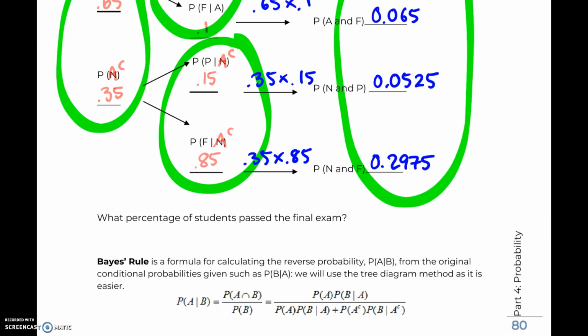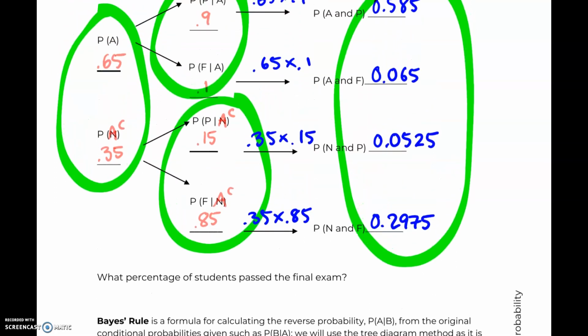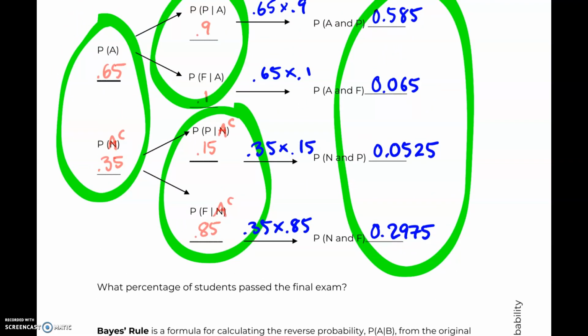Well, let's see who passed the final exam over here. We had these people, they attended the study session. And we had these people who did not attend the study session and passed as well. And again, I'm going to just change the wording over here to not attending.